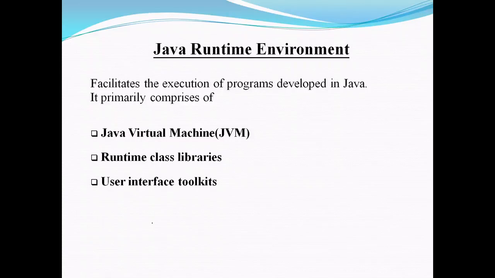We have user interface toolkits like AWT, as I mentioned last time, and Swing. These toolkits support varied input methods for users to interact with the application. When you are going for graphical user interface applications, where the user interacts with the application, these user interface toolkits will help in that case.